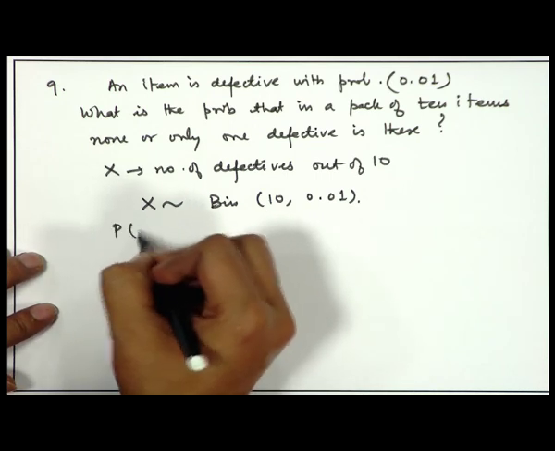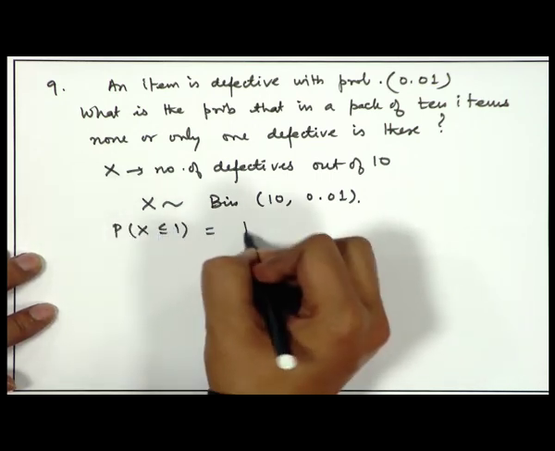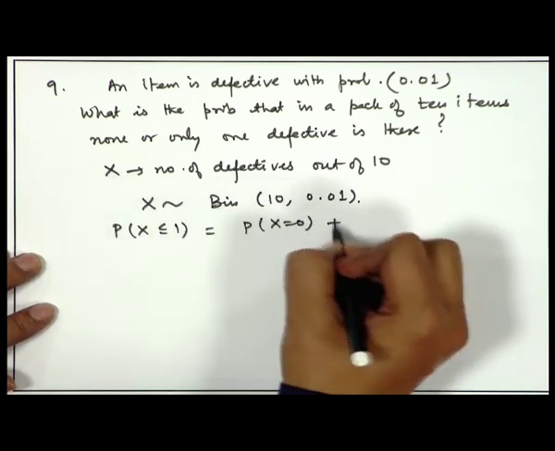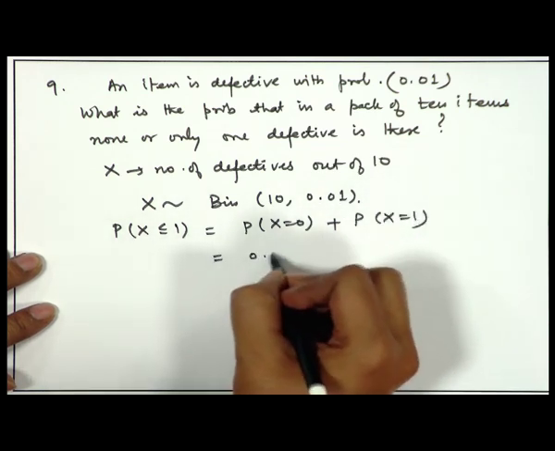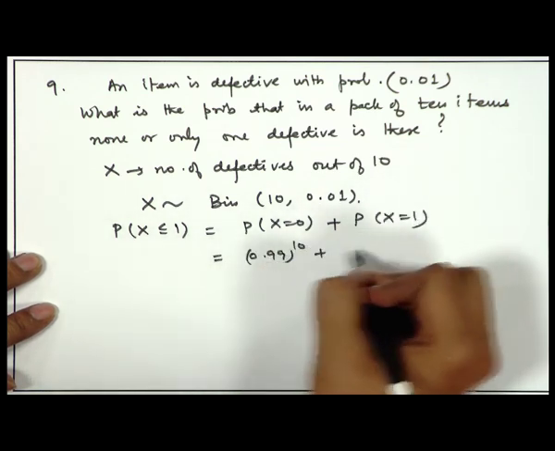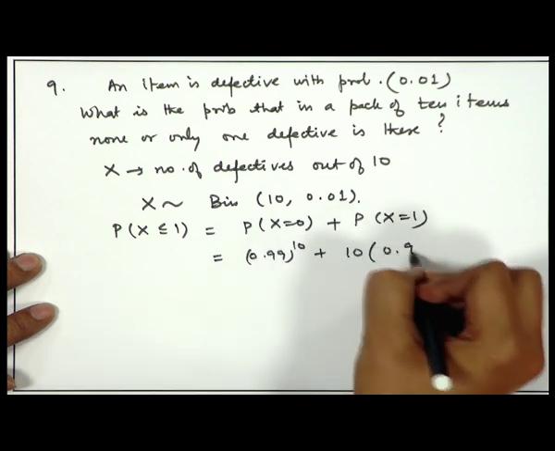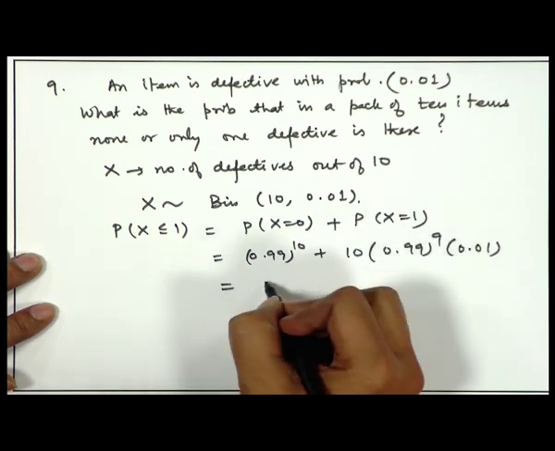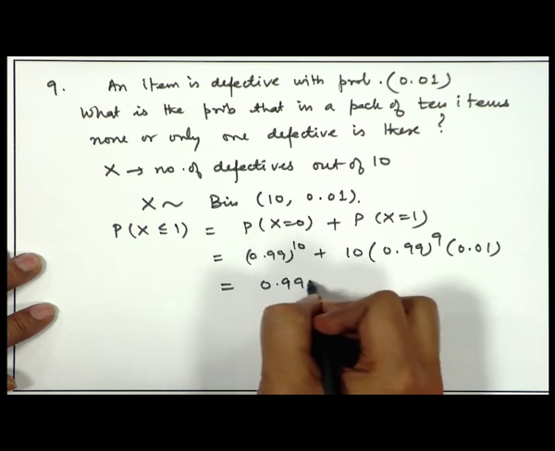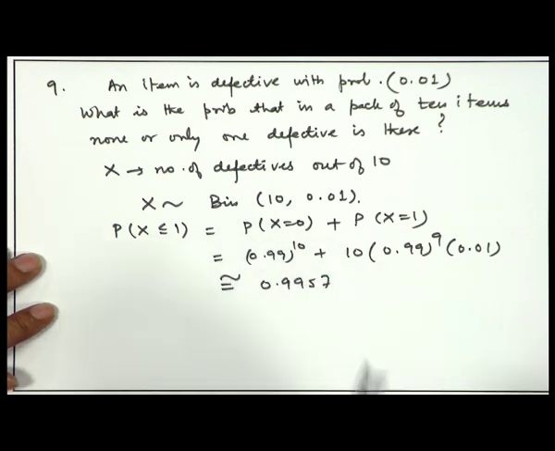So, probability x less than or equal to 1 will become probability x equal to 0 plus probability x equal to 1, that is 0.99 to the power 10 plus 10 into 0.99 to the power 9 into 0.01. So, that is equal to 0.9957 approximately. I will spend one more class on various tutorial problems on various probabilities.